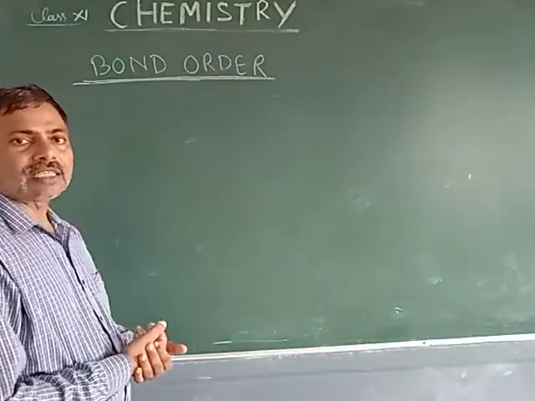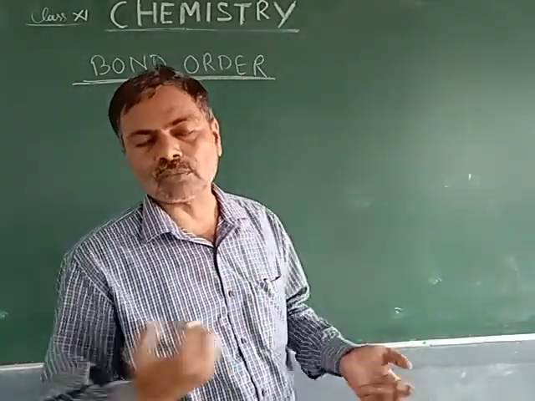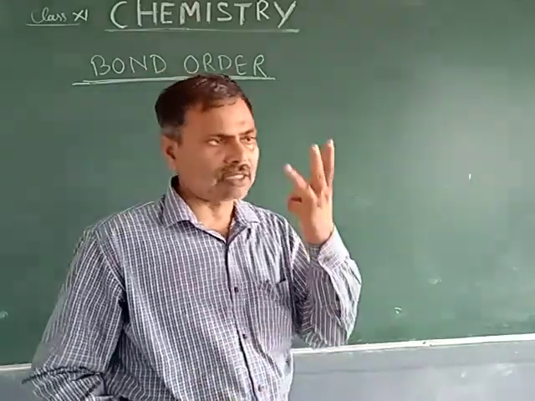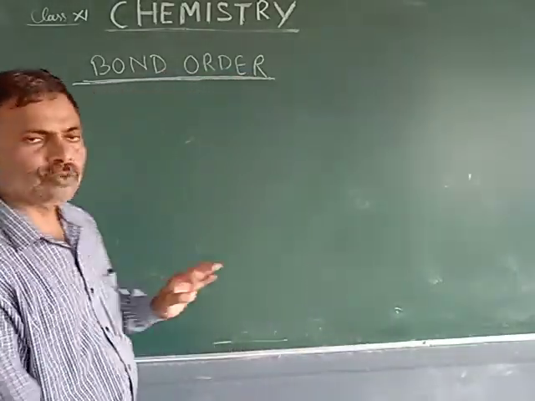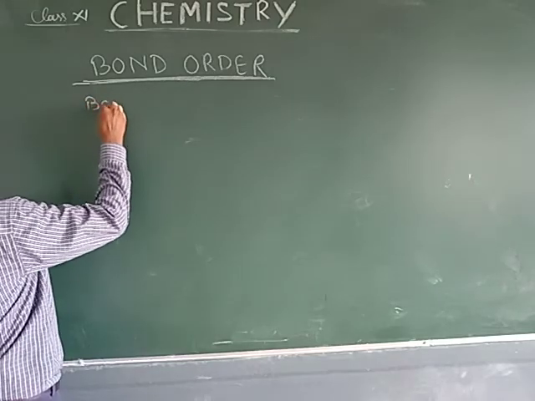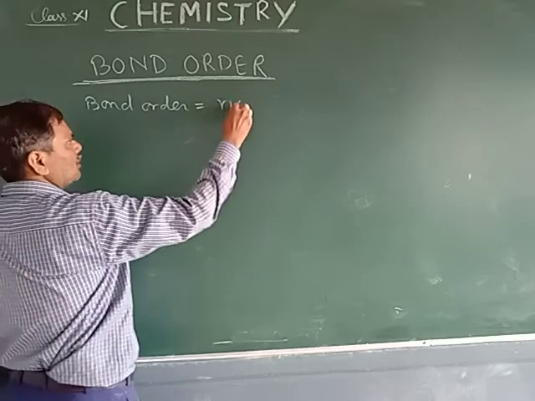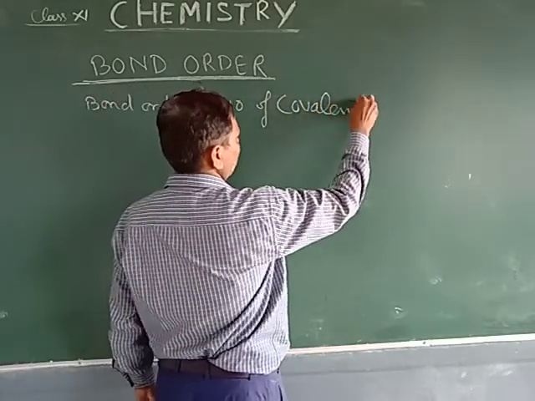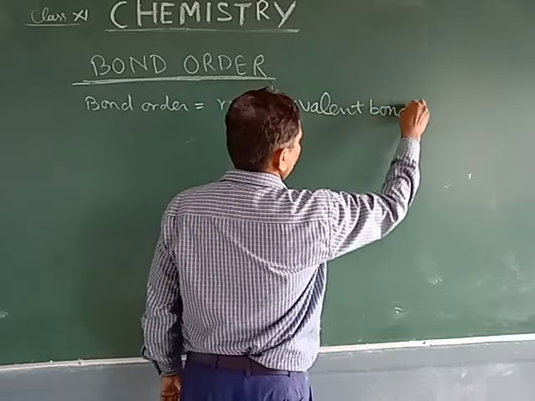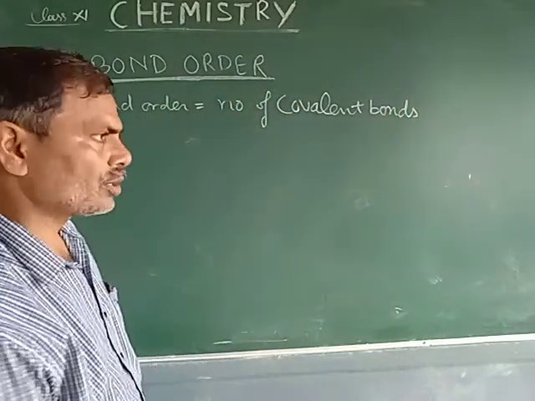If there is a single covalent bond, bond order will be 1. If there is a double covalent bond, bond order will be 2. If there is a triple covalent bond, bond order will be 3. Bond order is equal to the number of covalent bonds present in a covalent molecule.